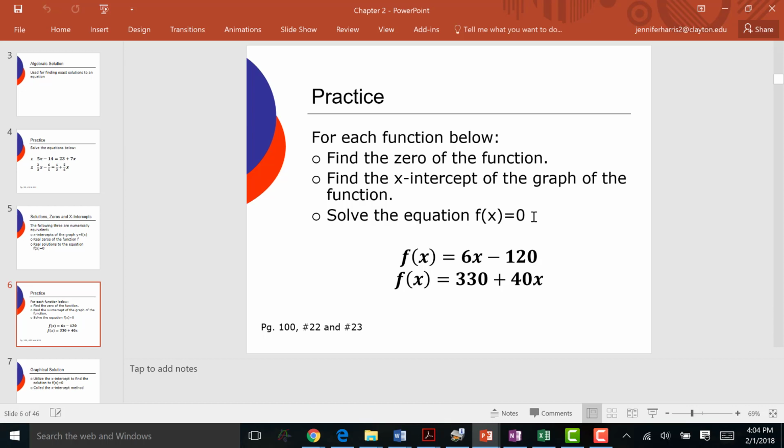First function that you see on the board, what is it and what does it say? F of x is what? Okay, so f of x is equal to 6x minus 120. They want us to find the zeros, or I could say find the x-intercepts, because they mean the same thing.